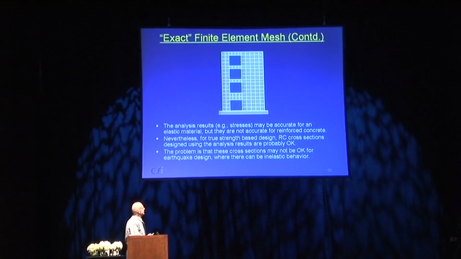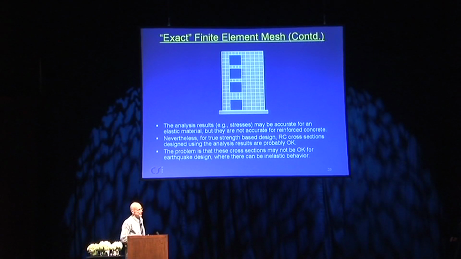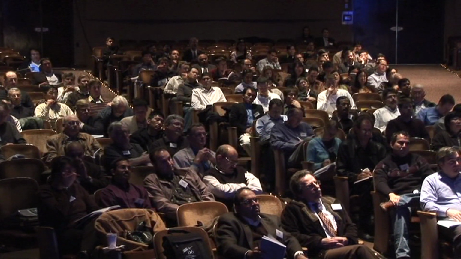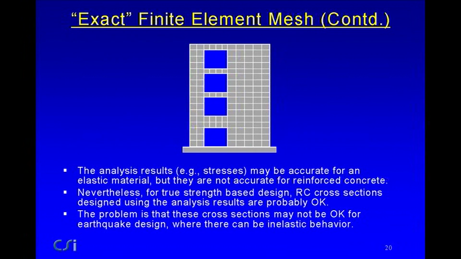If you do an elastic analysis and calculate the stresses across this cross-section, they're not going to be anything like what you've got in reinforced concrete. The vertical stress is going to be nowhere near what you have in reinforced concrete. The shear stresses are going to be nowhere near what you have in reinforced concrete. So if you look at this in terms of getting an exact analysis, it's terribly inaccurate.